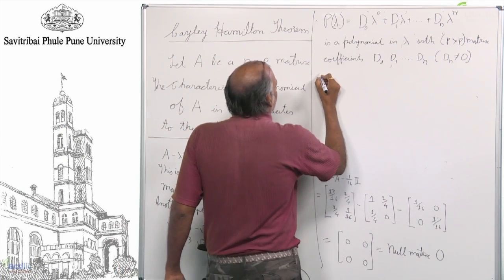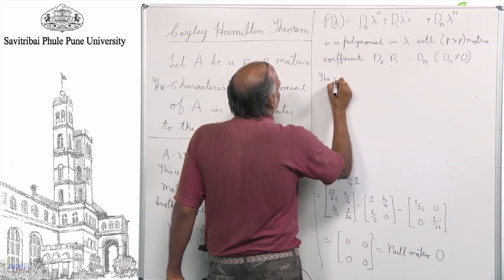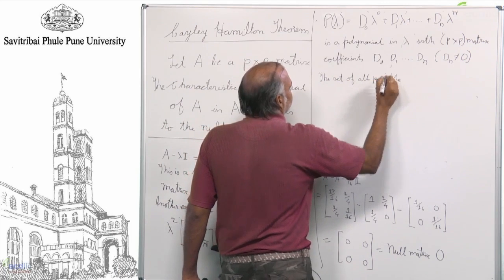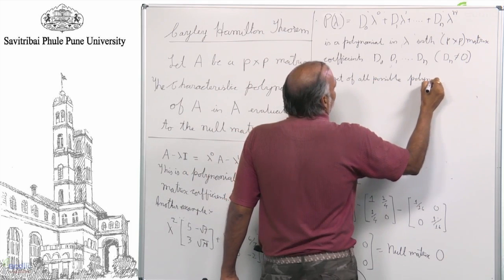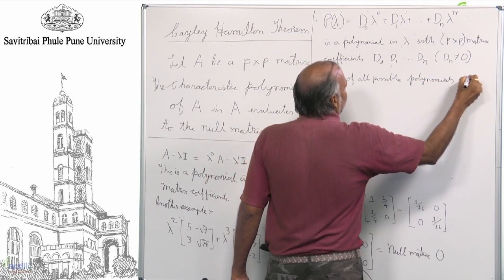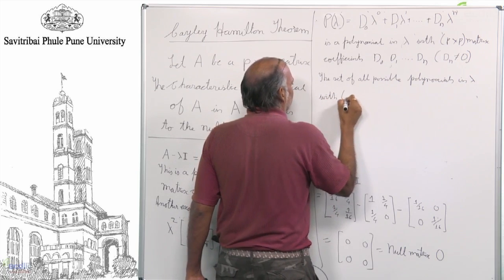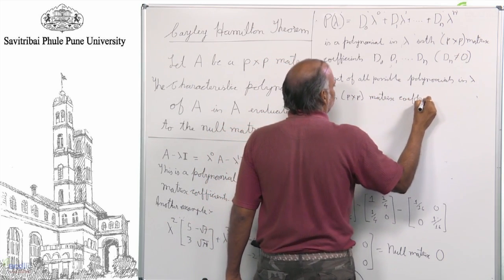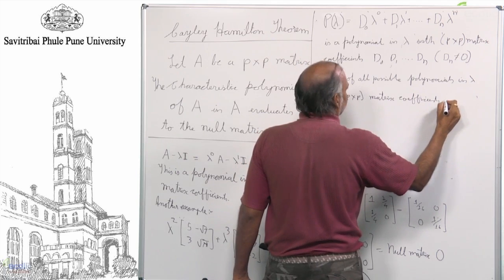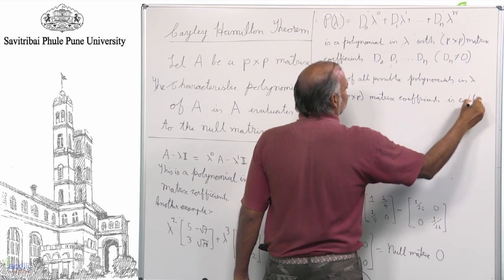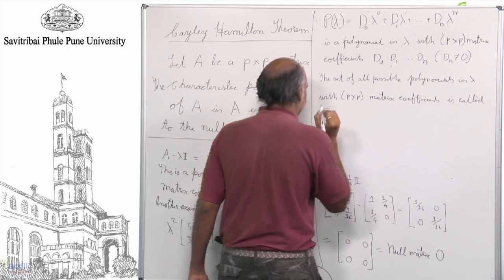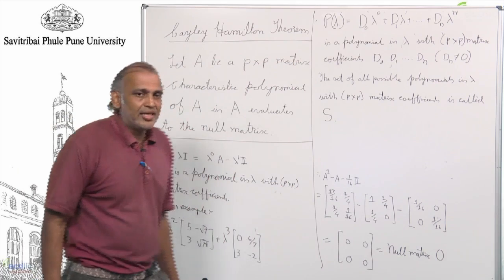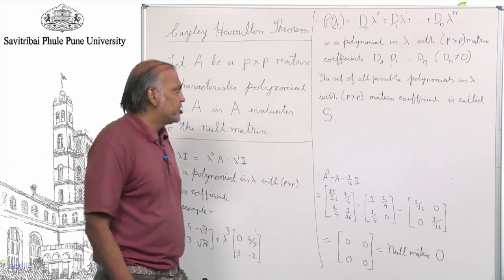Let me say the set of all possible polynomials in lambda with p by p matrix coefficients is called S. S is the set of all possible polynomials in lambda with p by p matrix coefficients.